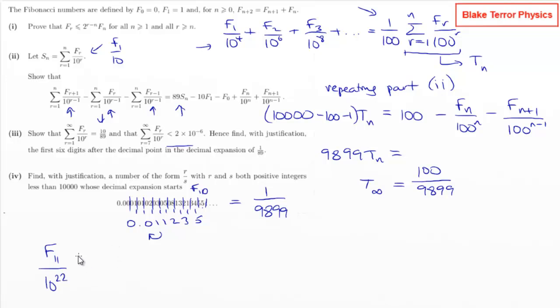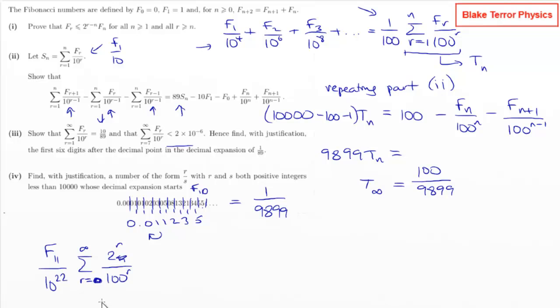Then it's going to be the sum of 2 to the r over 100 to the r, from r equals 1 to infinity, well, 0 to infinity, doesn't matter. Actually, does it matter? Yeah, in this case it does matter, because we're starting at 1 rather than starting at 50.